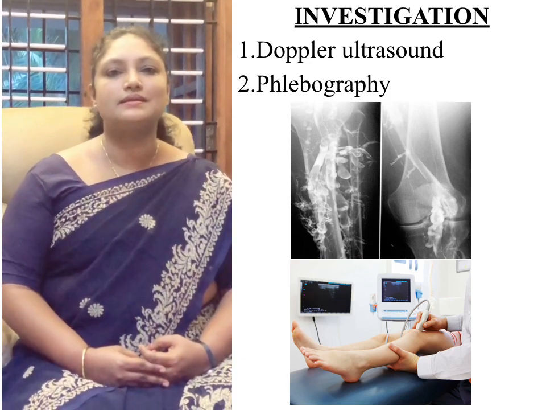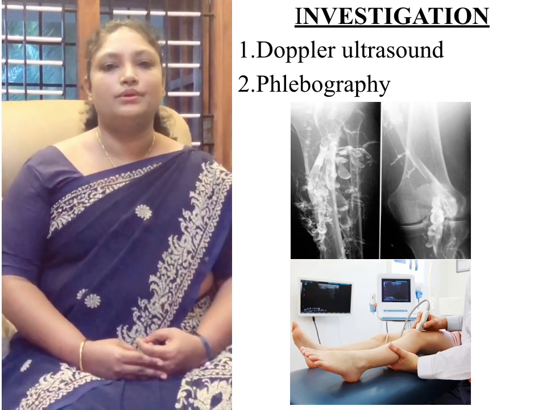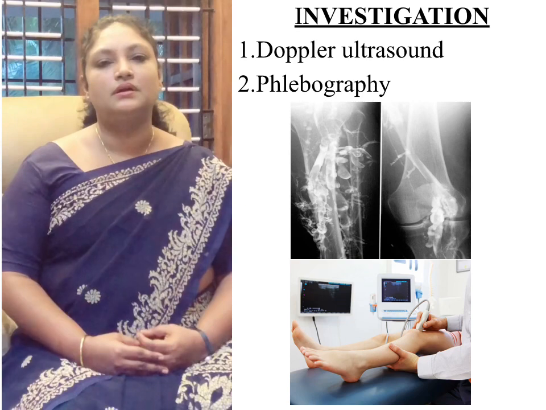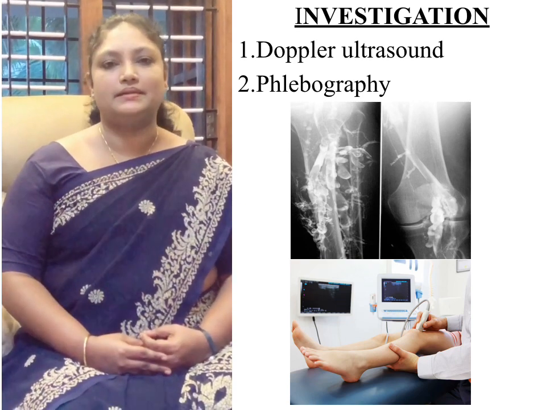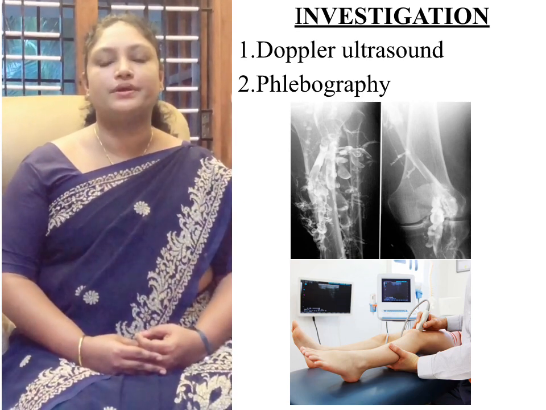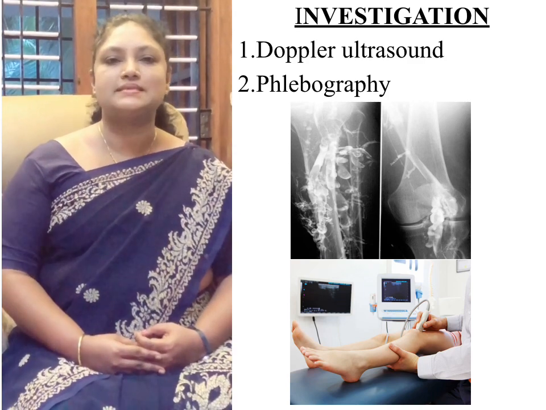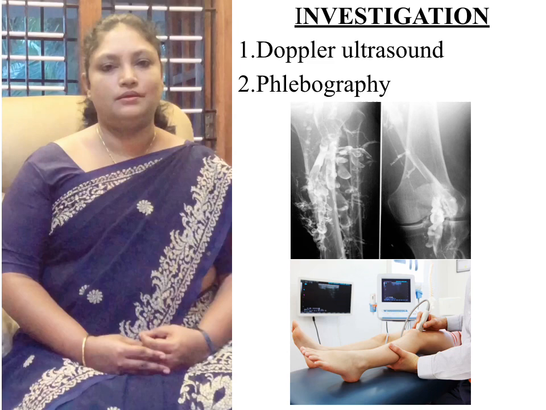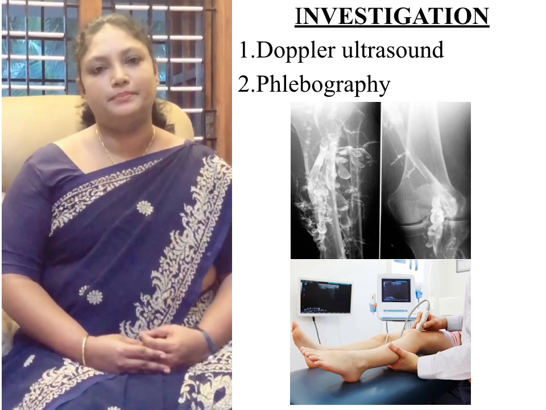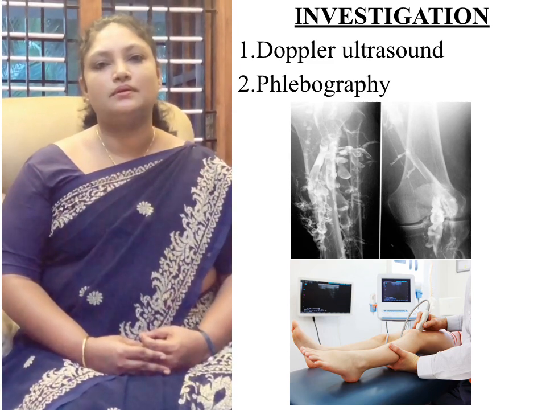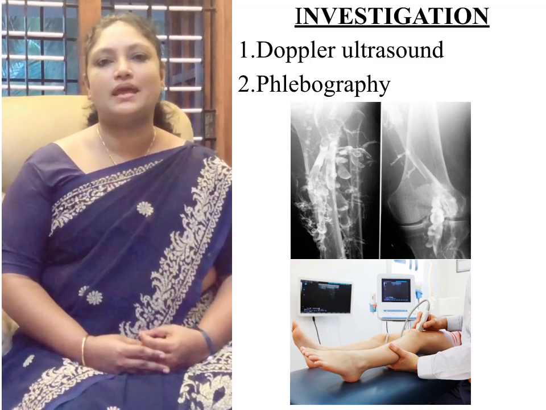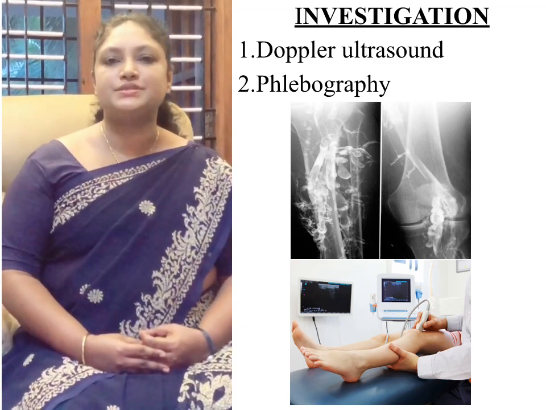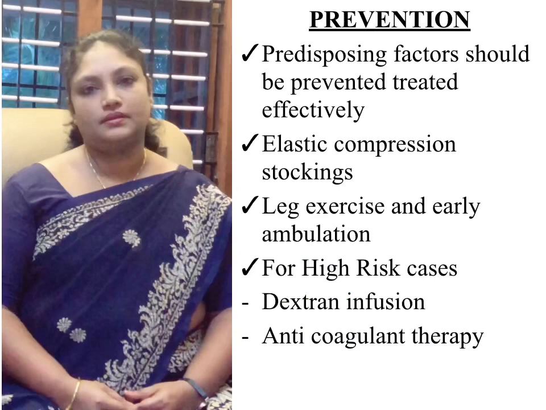In Doppler ultrasound, they assess the velocity of the blood, and also you can go for a phlebography. In phlebography also you can see if there is any obstruction in the lumen where there is a flow of blood. So these are the two types of investigation which they do to rule out the formation of thrombosis.